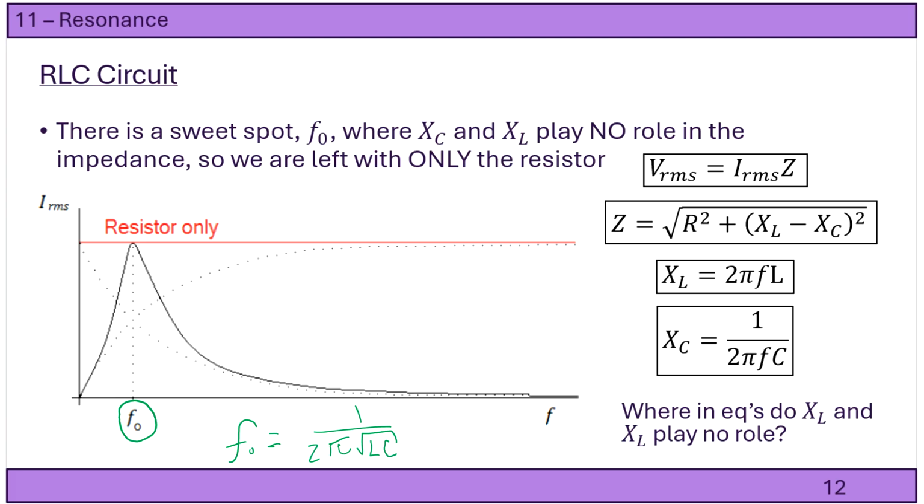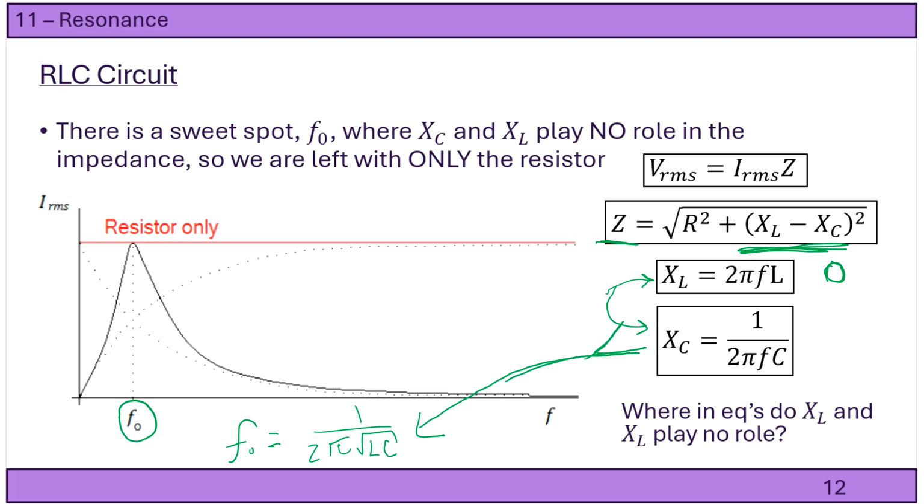And that comes about by setting XL equal to XC, because that's resonance. When the two reactance values of the inductor and the capacitor are equal, this becomes 0, this becomes 0, and Z will be equal to the square root of R squared, or just R, the resistor value. F naught, this equation that I wrote here, is the condition that you need in order for these to be equal.